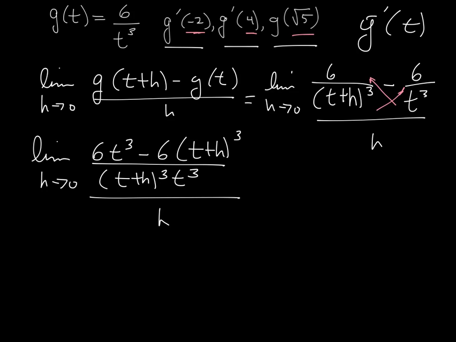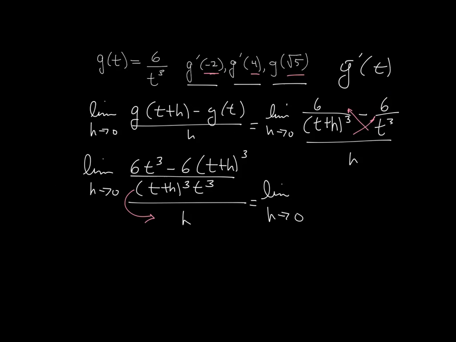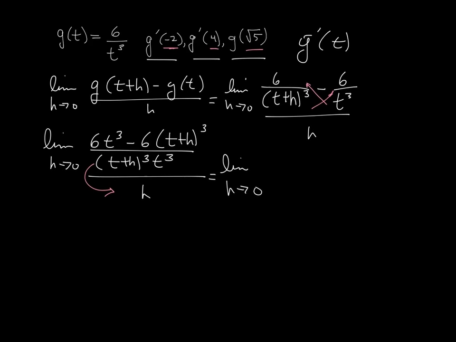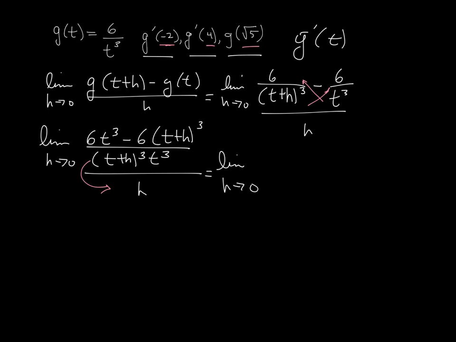Since all of this is in the denominator, I could actually bring it down to the bottom. So my new denominator is going to become h, t plus h cubed, and then t cubed.